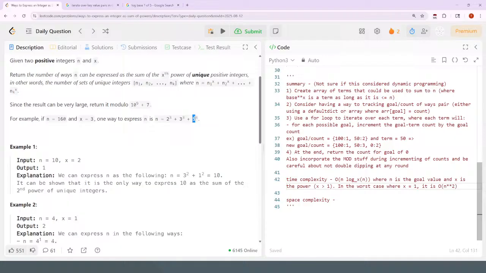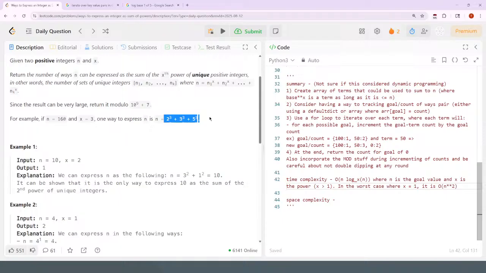So if you're dealing with squares, and let's say n is 100, then the number of terms would be 1 through 10: 1 squared, 2 squared, 3 squared, all the way to 10 squared.